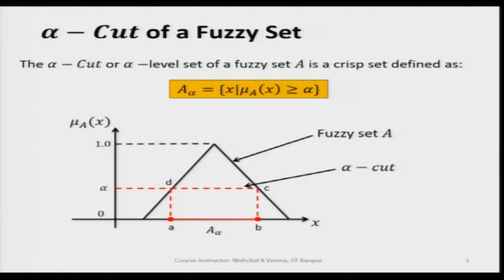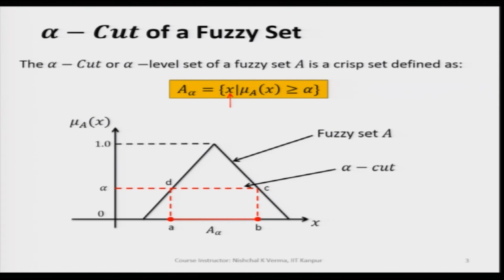Let me go through alpha cut and strong alpha cut a little bit again. So, the alpha cut of a fuzzy set that we had already seen is defined by A alpha, equal to the collection of all the x values, provided their respective membership values are greater than or equal to alpha.